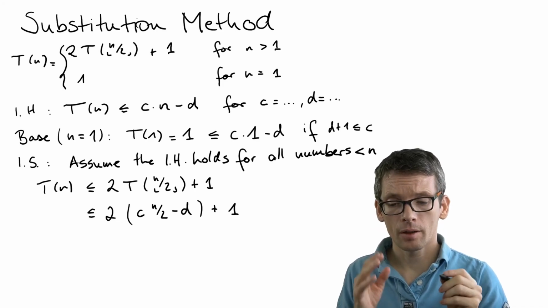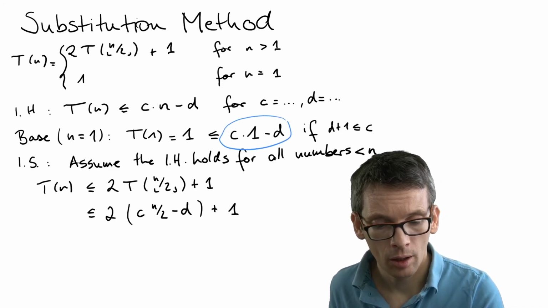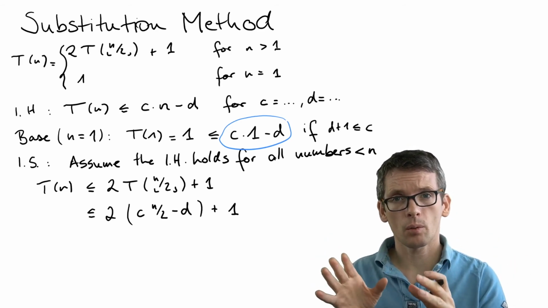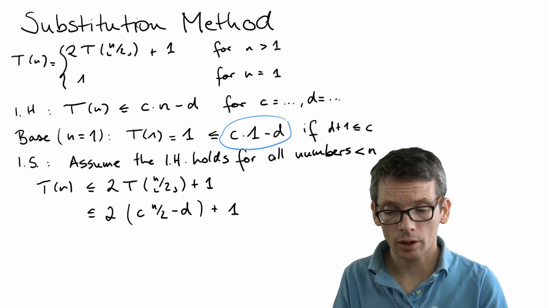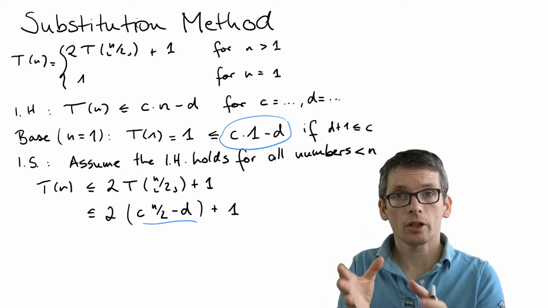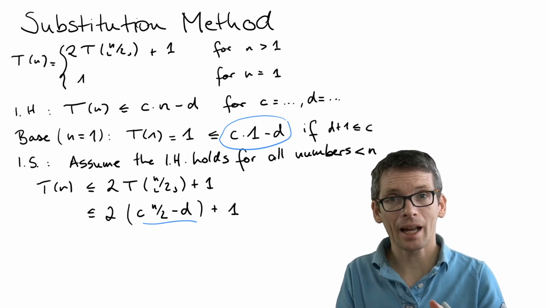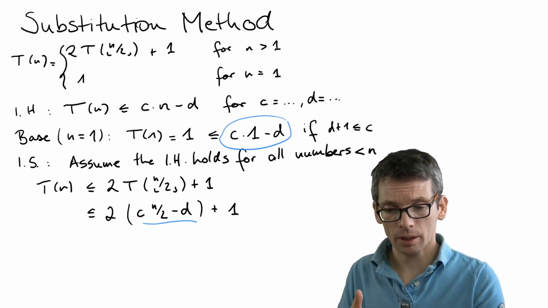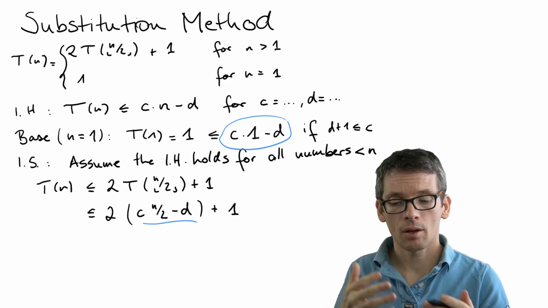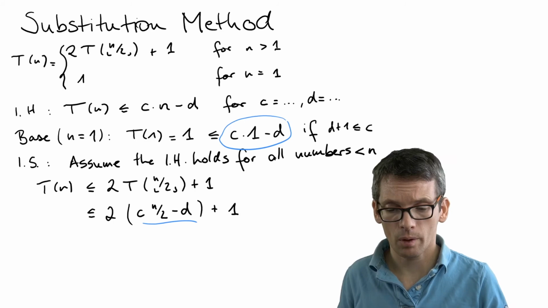That means in the base case, we have to also have the d. We cannot simply work with c. Also in the induction step, if I plug in n half, because the induction hypothesis has this lower order term, it has to be here. In this case, plugging in n half into c times n minus d simply gives me c times n half minus d. Again, I omit the rounding down.